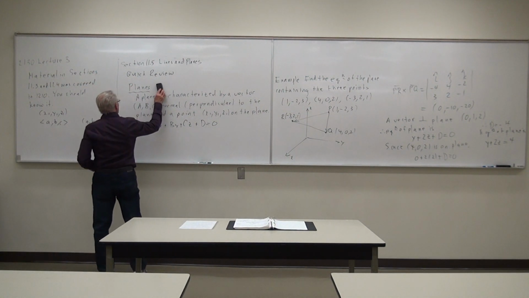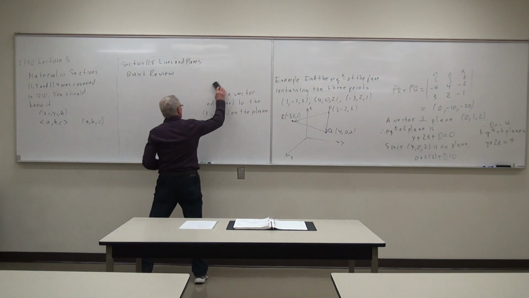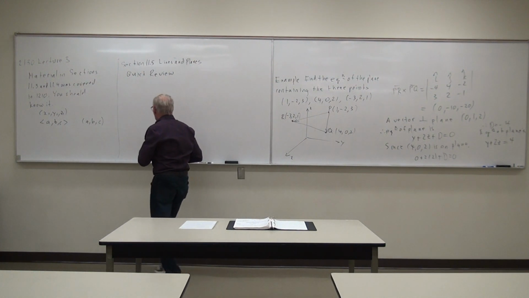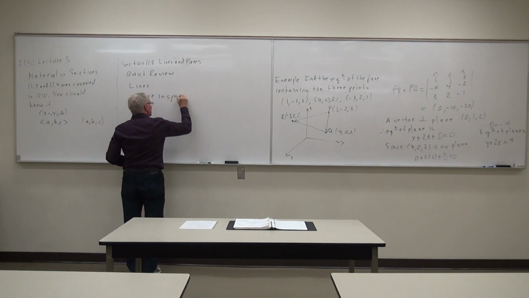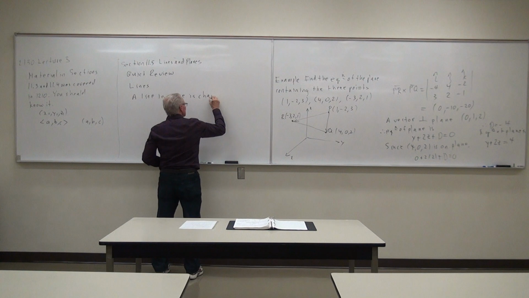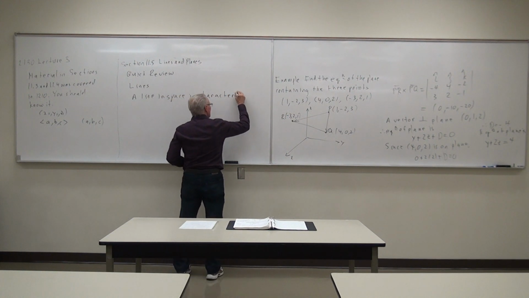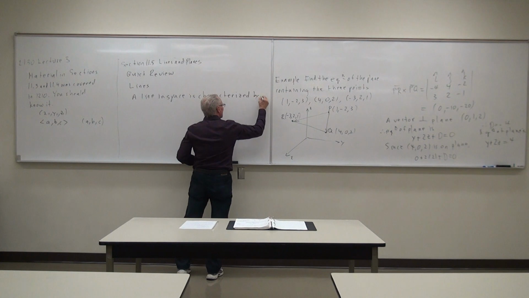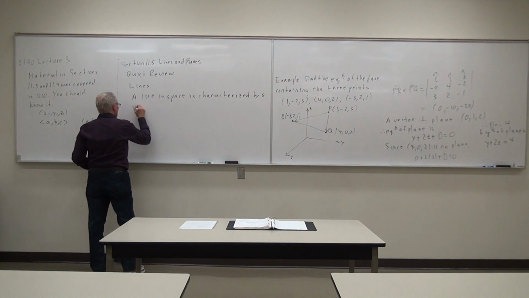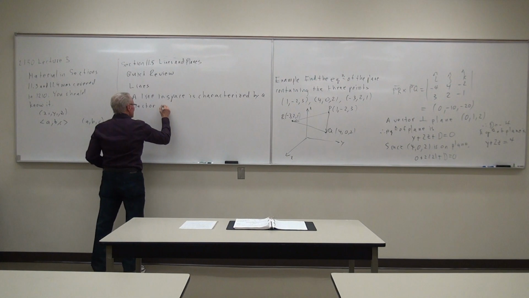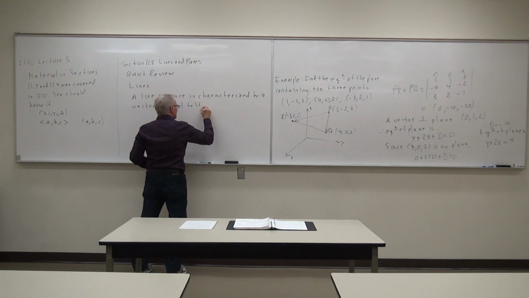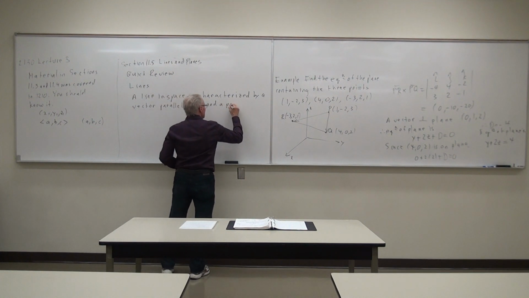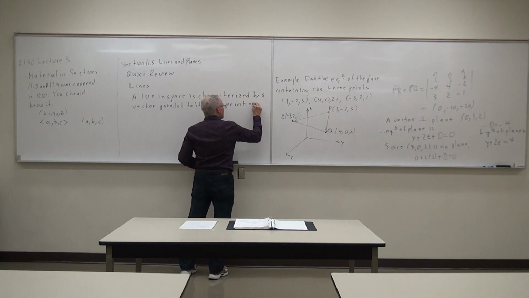Lines. Meaning straight ones. A line in space is characterized by a vector parallel to it and a point on it.